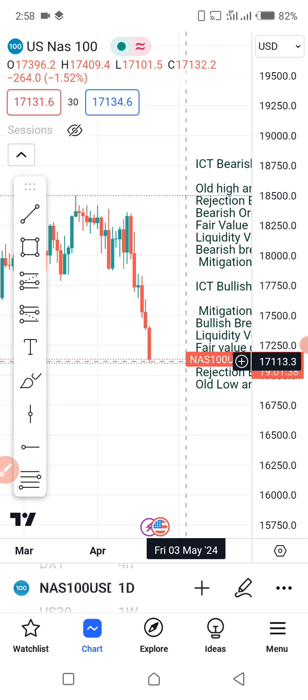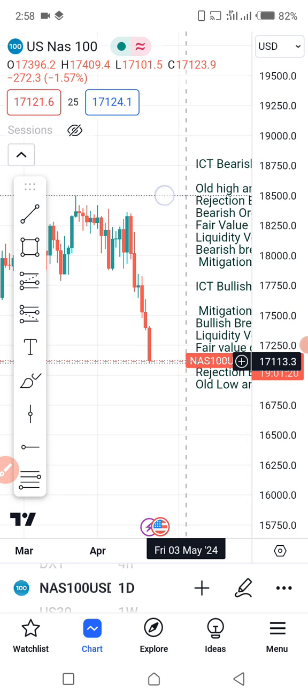There is always a range, and within that range there must be, I tell you, 1 or 2 ICT bearish PD arrays that you find there, and you can make reference to it.